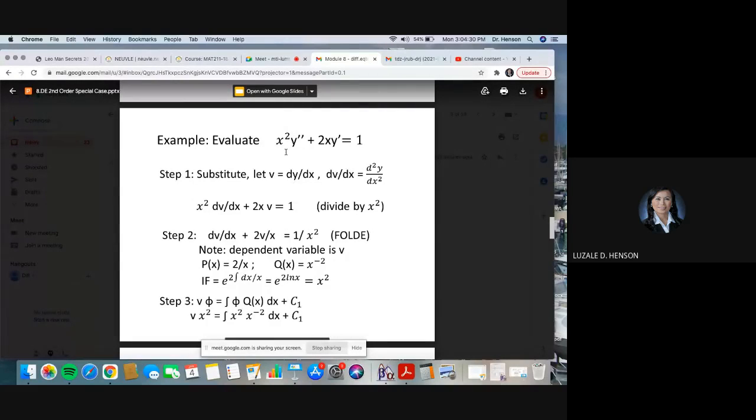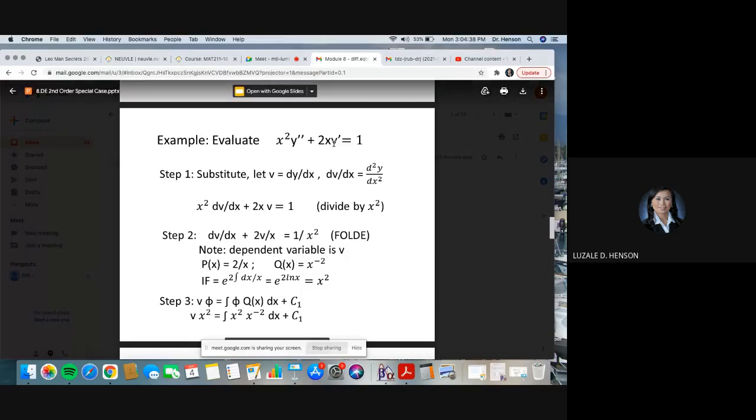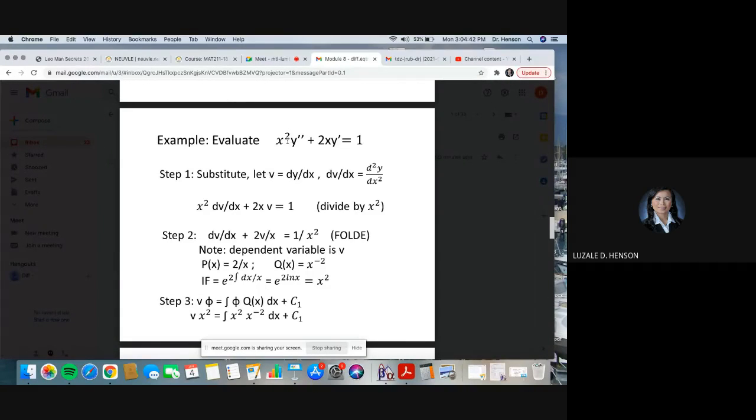Supposing you're asked to evaluate x squared y double prime plus 2 x y prime equals 1. So what you're going to do, following the procedure, all y prime will be replaced with v, and y double prime will be replaced with dv dx. Okay, so next line would be x squared times dv dx, because this is double prime, plus 2x v equals 1.